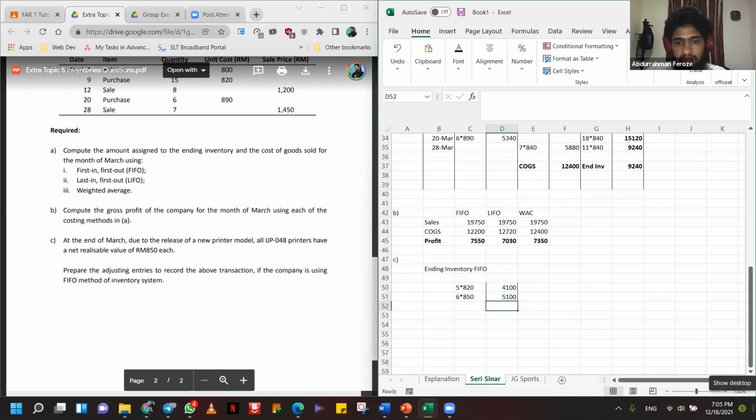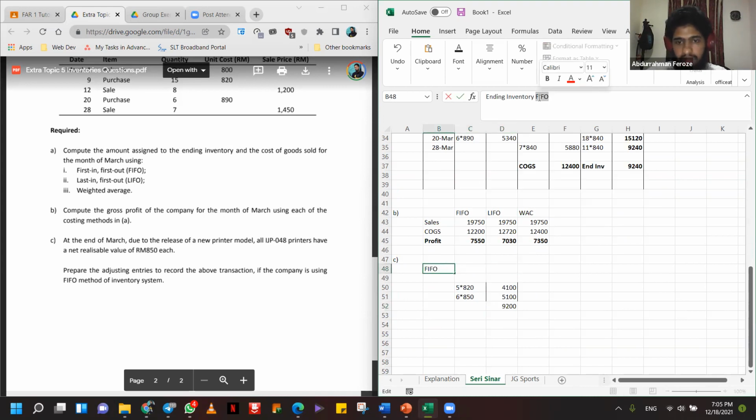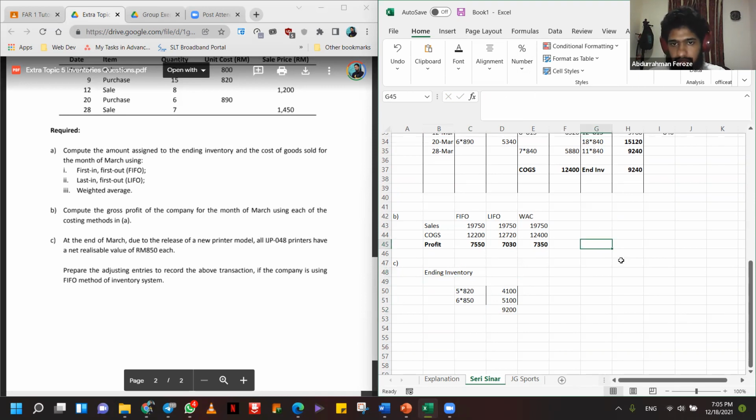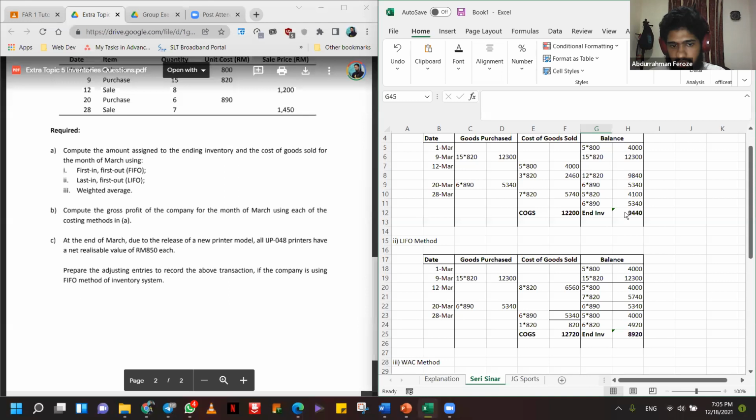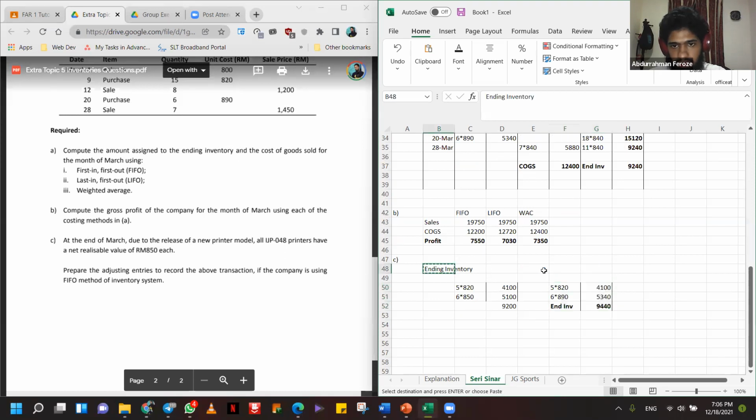So this is the FIFO entry, it is 9,440. And once we adjust it for the net realizable value of 850 ringgit, this is our ending inventory value.